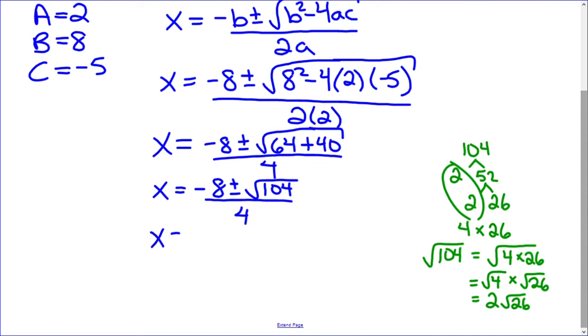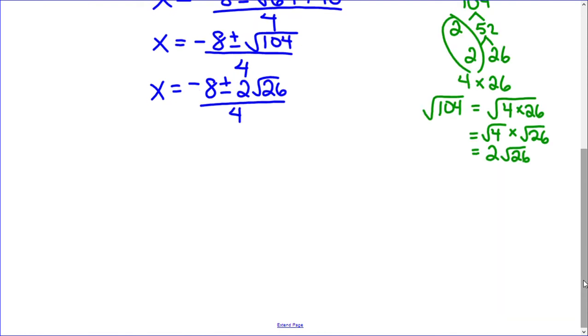Now I have x is equal to -8 plus or minus 2 root 26, all over 4. So that means that x is equal to, and then I'm going to take a look at the 8, the 2, and the 4. Now because I have these numbers that are whole numbers with them, I can take out a common factor.